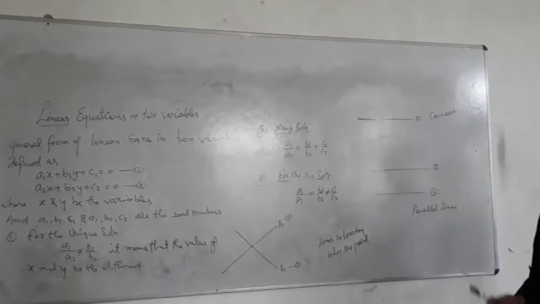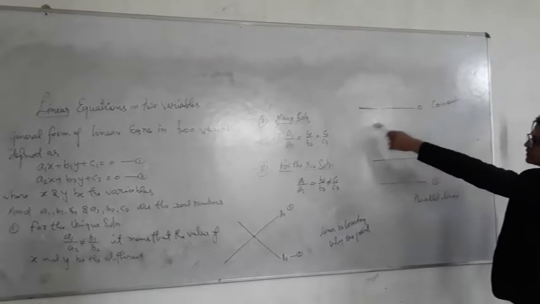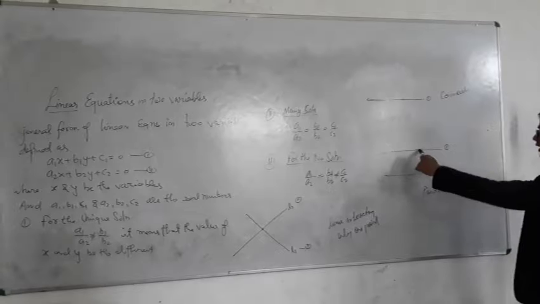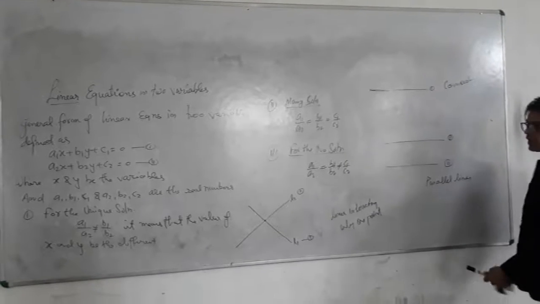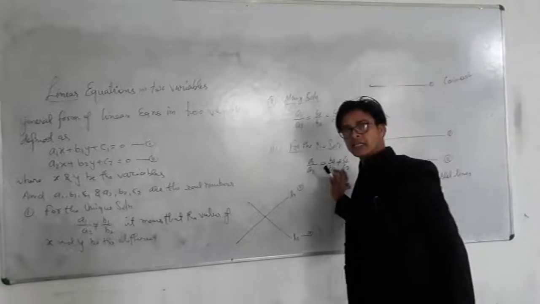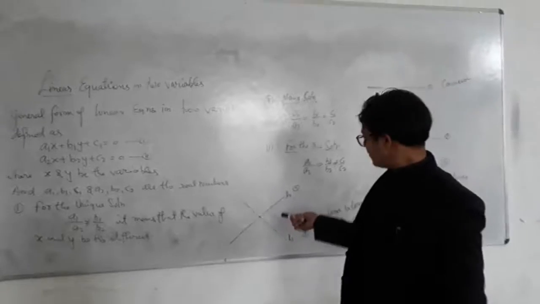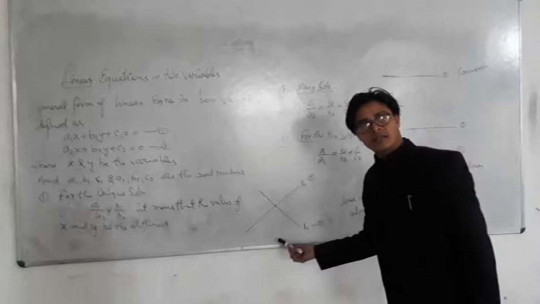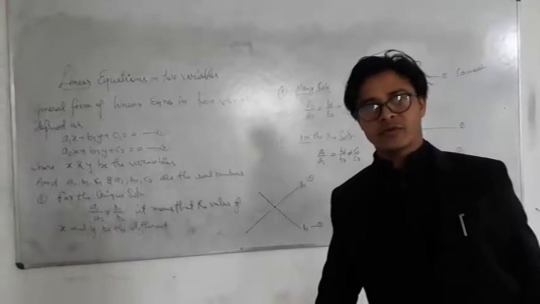If the lines coincide, then we can say there are many solutions. Parallel lines mean the system has no solution, and lines that are intersecting mean the system has a unique solution. Okay, thank you so much.